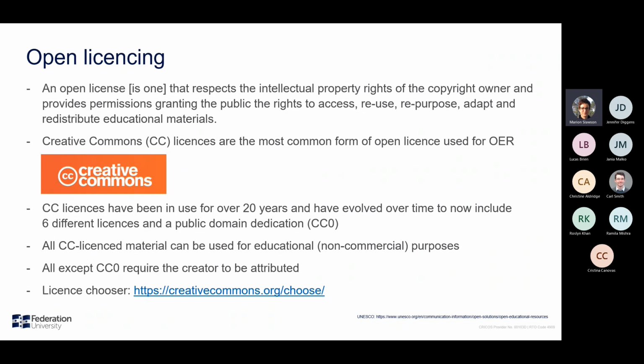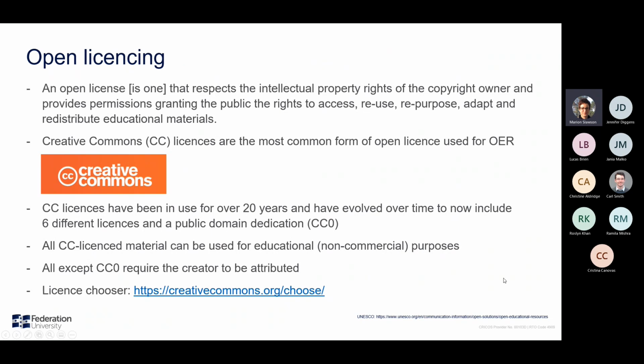It started out with, I think, about 3 licenses, and they've evolved now to include 6 different formal Creative Commons licenses and something that's called a public domain dedication, which is a CC0 license.